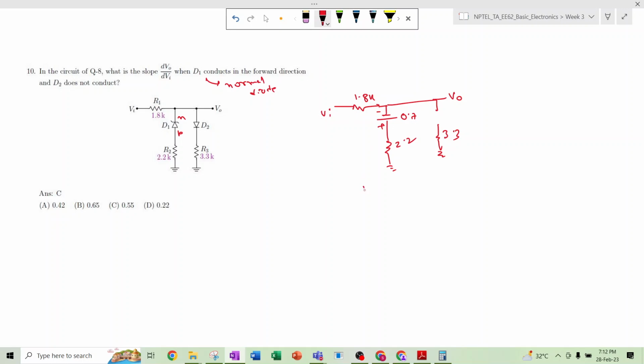Similarly, we can apply the KCL: (VO minus VI) divided by 1.8, which is the current flowing in this direction. And now in this direction, it will add up, right? Plus (VO plus 0.7) divided by 2.2 is equal to 0, right?